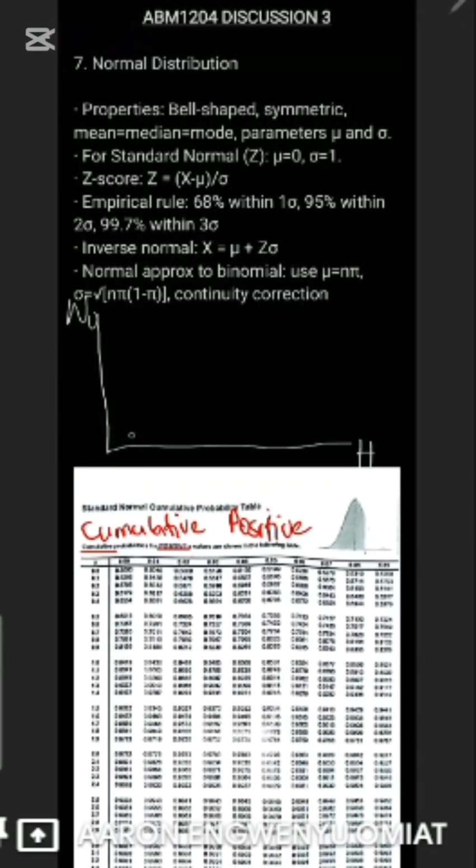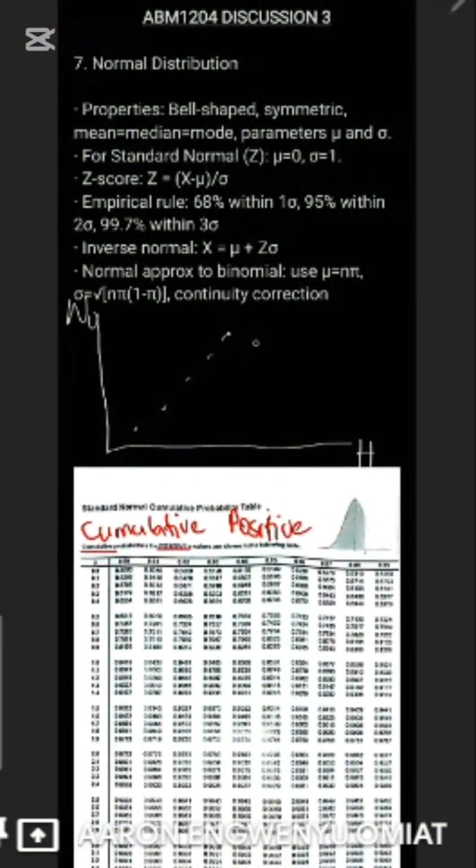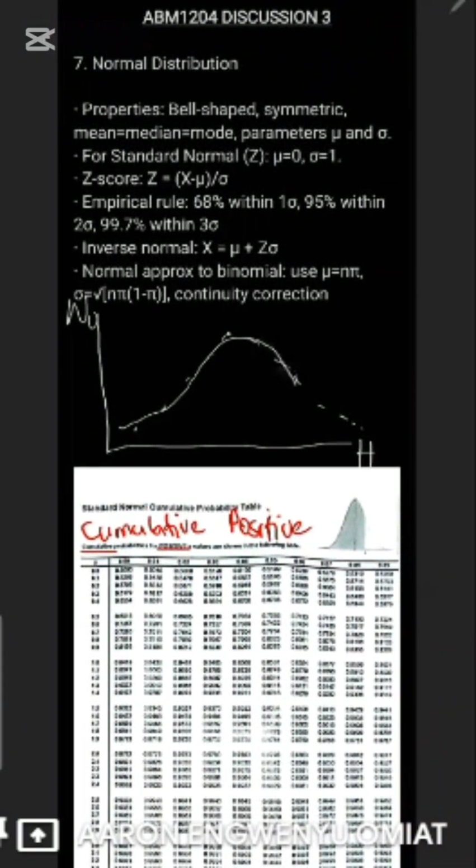From the short ones, you realize that they are one, one. Then until we reach the average, that has the highest number, and it continues dropping, and you find the tall ones are few. So we end up with something in this shape, a bell-shaped curve.